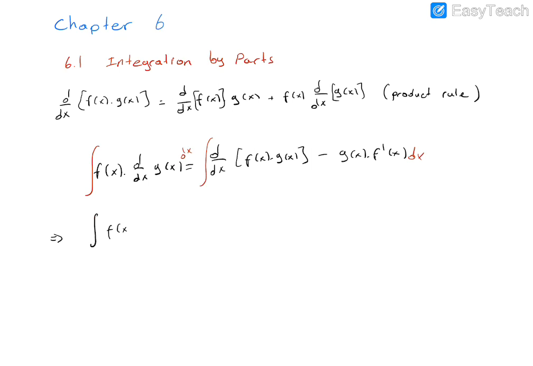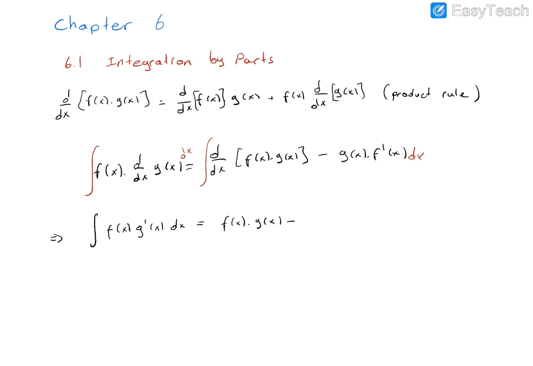The integral of f of x times g prime of x dx equals, using the summation rule, the integral of this derivative itself, so f of x times g of x, minus the integral of this one.